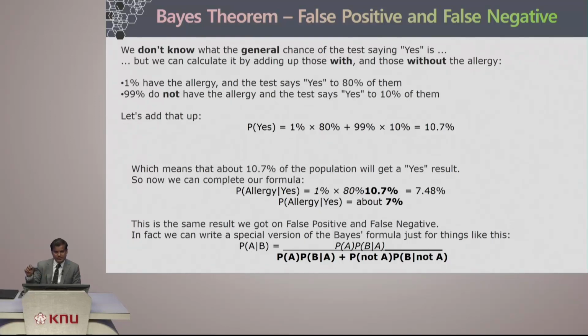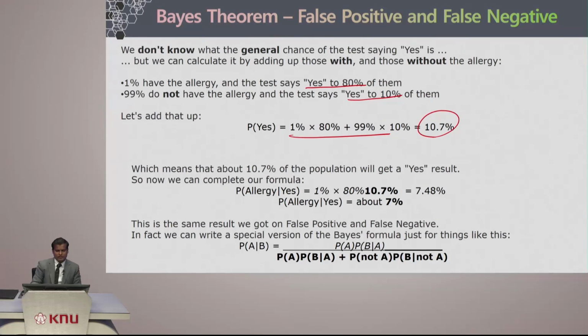We know that 1% of the population has an allergy, and when an allergic person is tested, 80% of them are given positive results. 99% do not have an allergy, but the test says yes to 10% of them, which means even if you don't have an allergy, 10% of them are stated as having an allergy. So the probability of yes we can calculate as 1% times 80% plus 99% times 10%, which is 10.7.